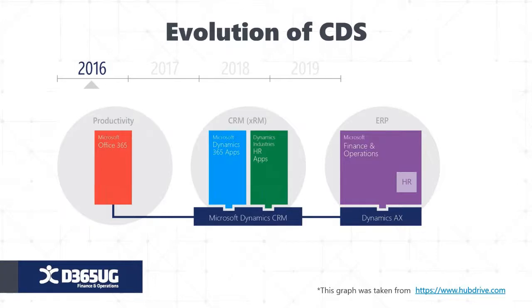And then look at the standard HR module on the right side of the screen inside Finance and Operations. If you owned both of these products, you obviously needed to synchronize the data between these two components, or better yet, you'd prefer they share the same data.